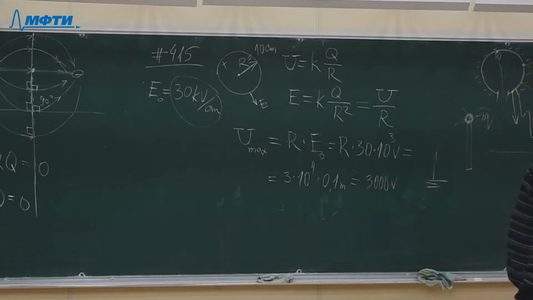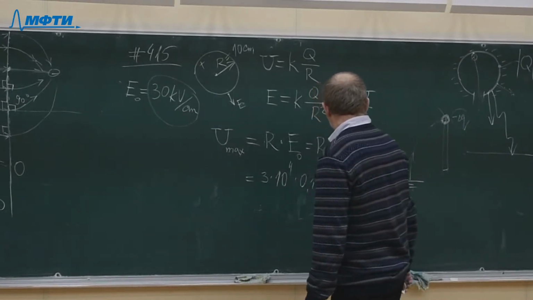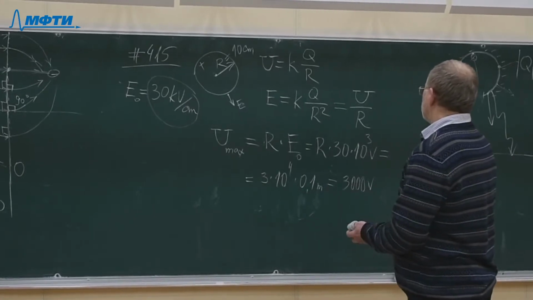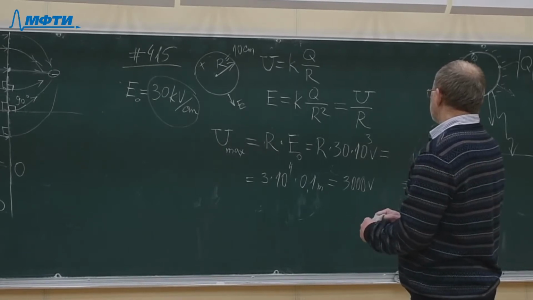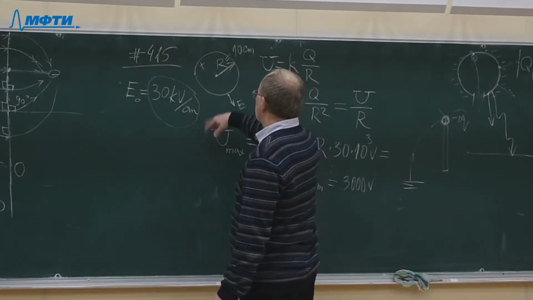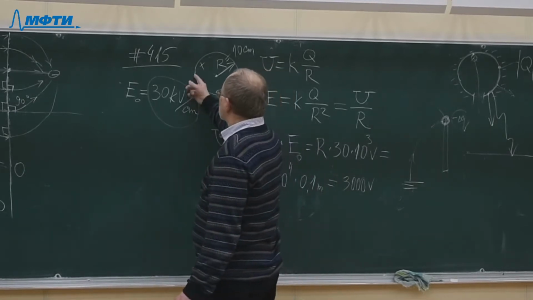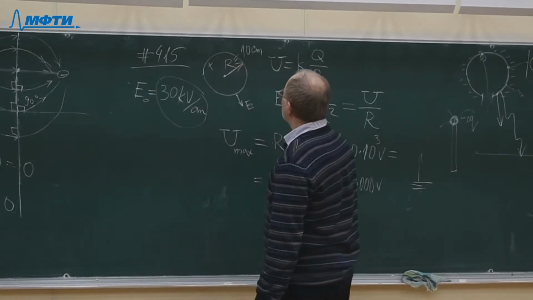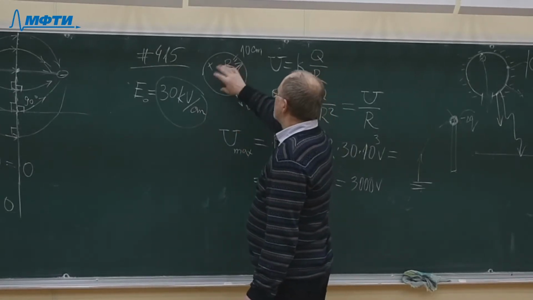That will be the maximum possible potential, after which we will have the possibility to puncture the air, and some electric discharge will occur, and little sparks will appear here, and the charge will leak out of the sphere, and we will be unable to place more and more charge here, and we will be unable to increase the potential.